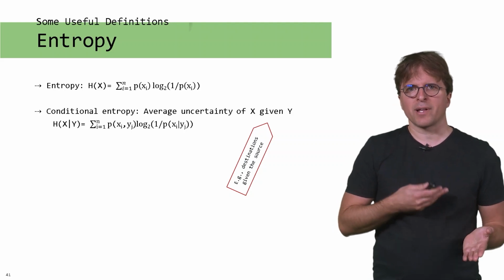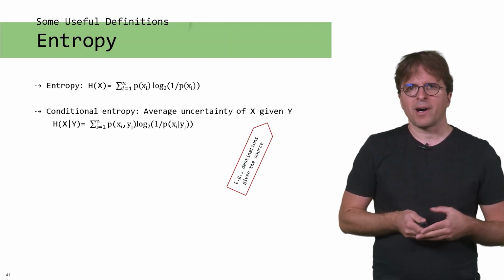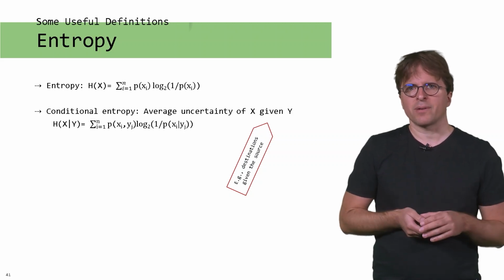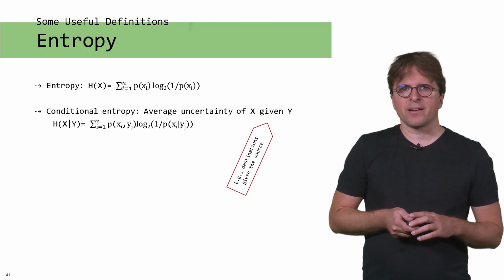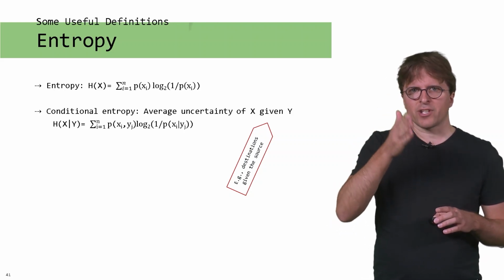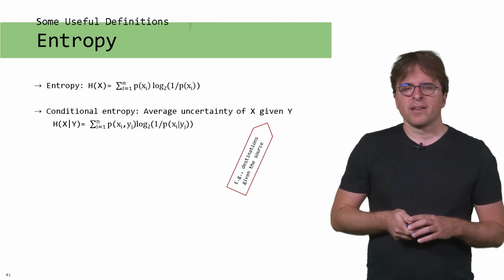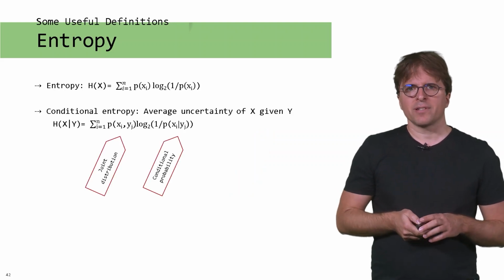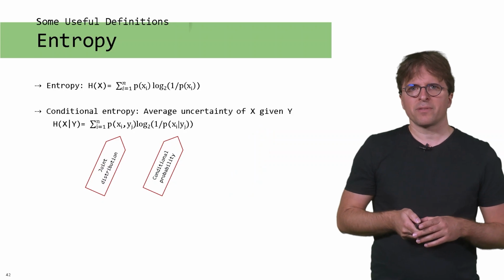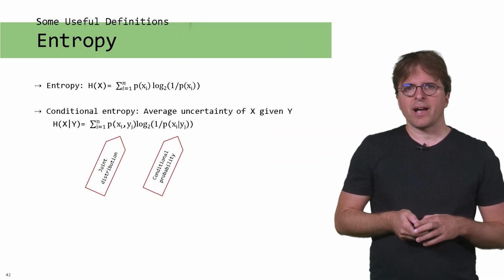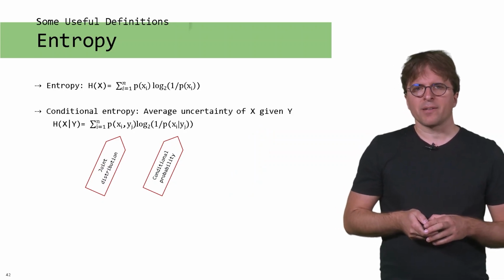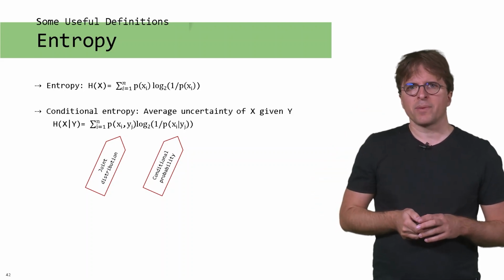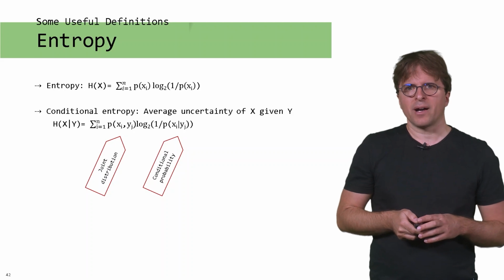So we want to know what's the uncertainty about the destinations given the sources, for example, or the other way around. And we will write this entropy H(X|Y). Again, this is computed as the sum of the joint probability distribution of X and Y times the binary logarithm of 1 divided by the conditional probability of x_i given y_i.